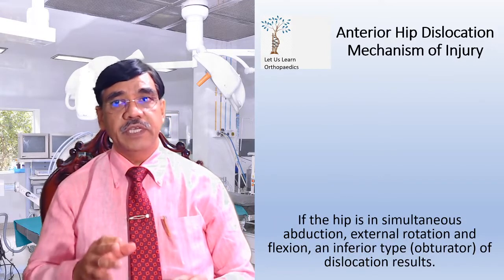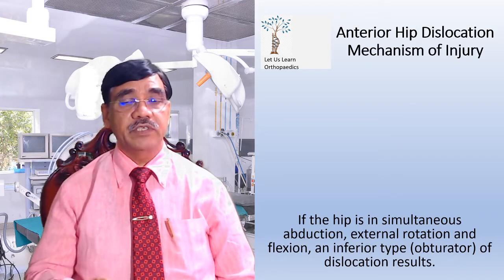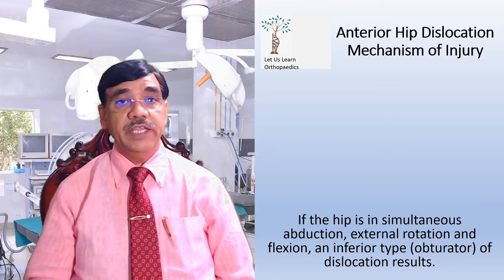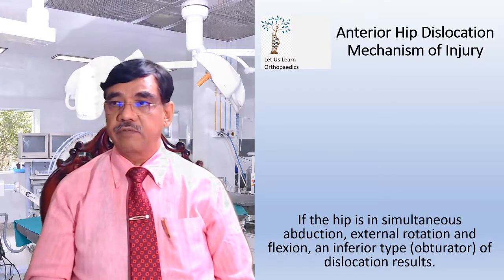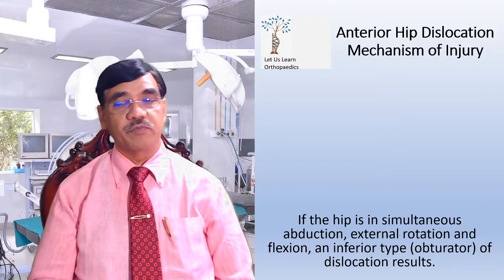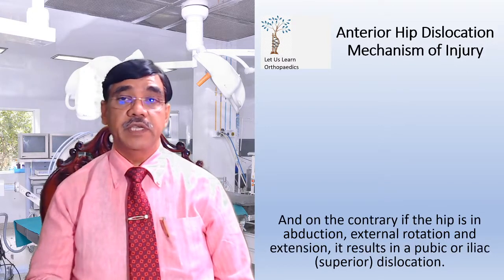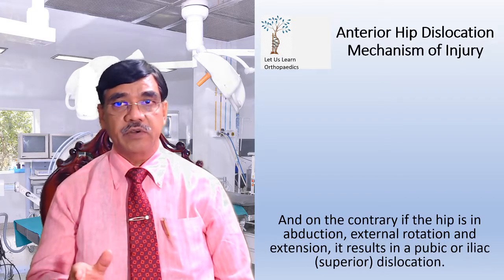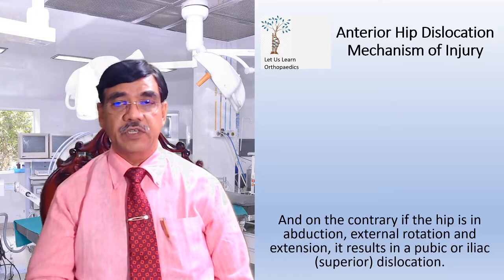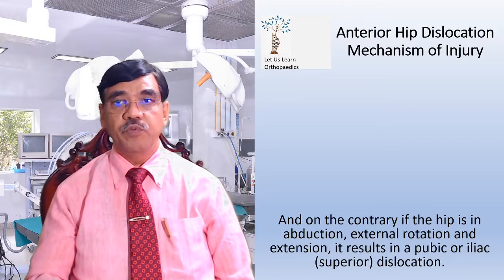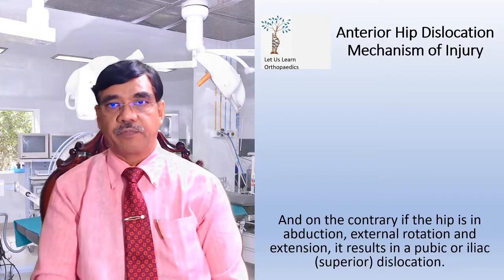Now, if the hip is in simultaneous abduction, external rotation and flexion, the inferior type, that is the obturator type of anterior dislocation of the hip, will occur. On the contrary, if the hip is in abduction, external rotation and extension, rather than flexion, it results in a pubic or iliac, or superior, type of anterior hip dislocation.